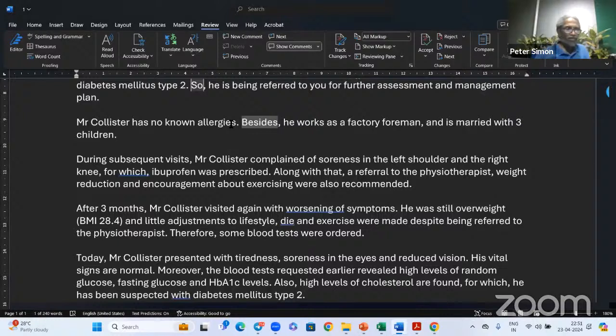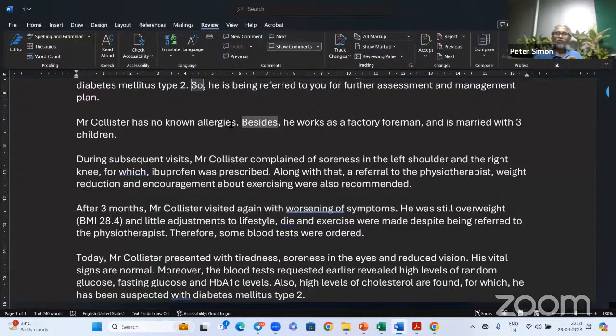If allergies are there, you can mention. If there are no allergies and you do not write, that means he has no allergies. It is important information what allergies there are, so if allergies are there, you will write.